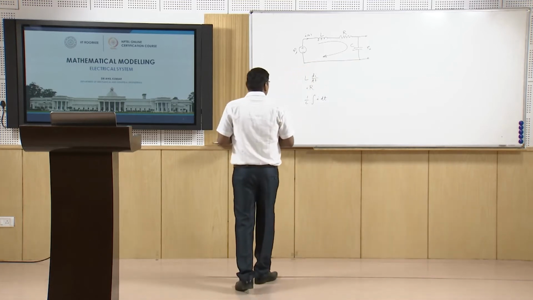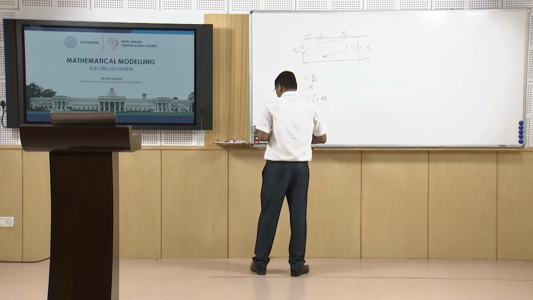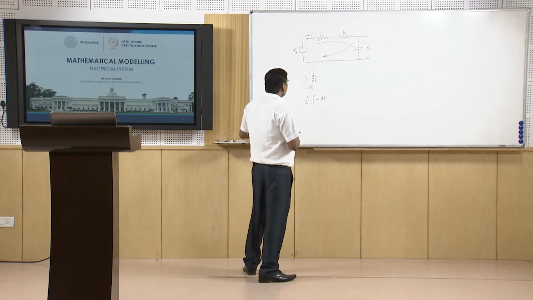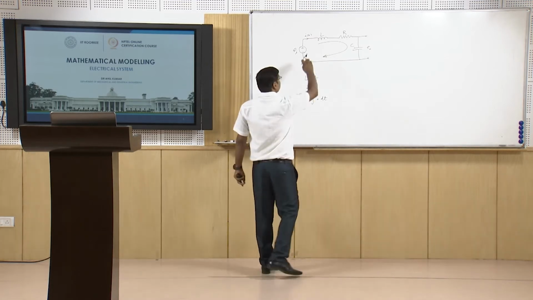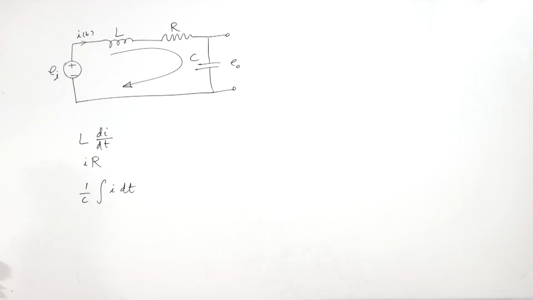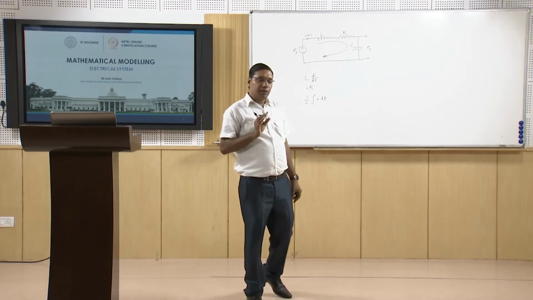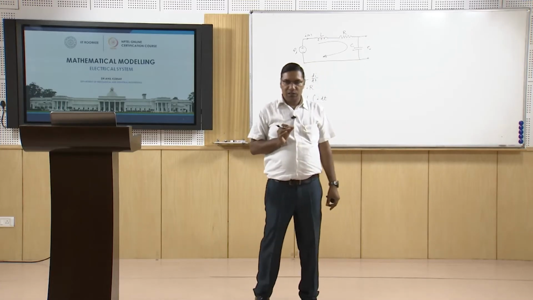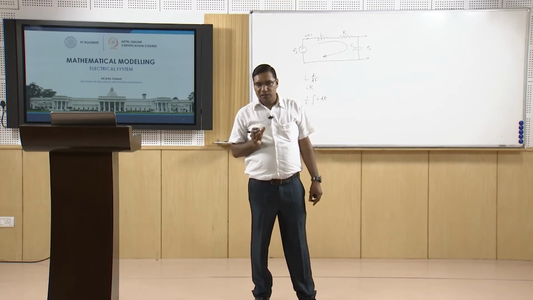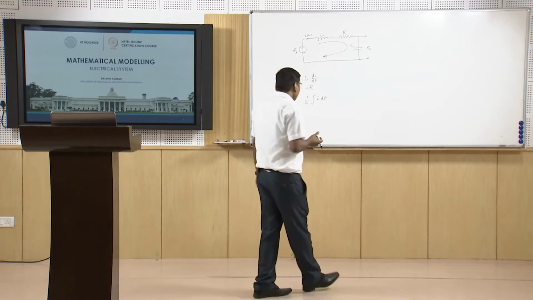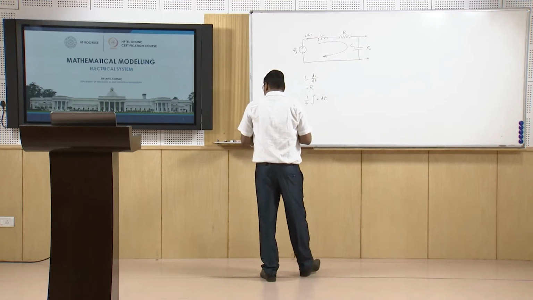According to the voltage law, we traverse through this loop, take the algebraic sum of the voltage drops and rises, and that is equal to 0.